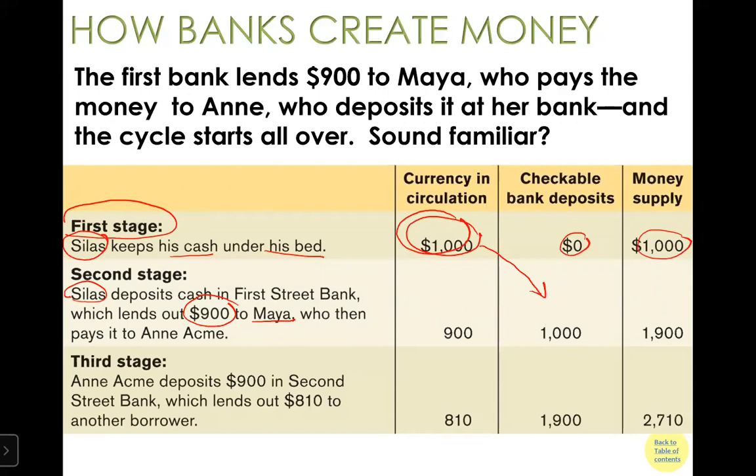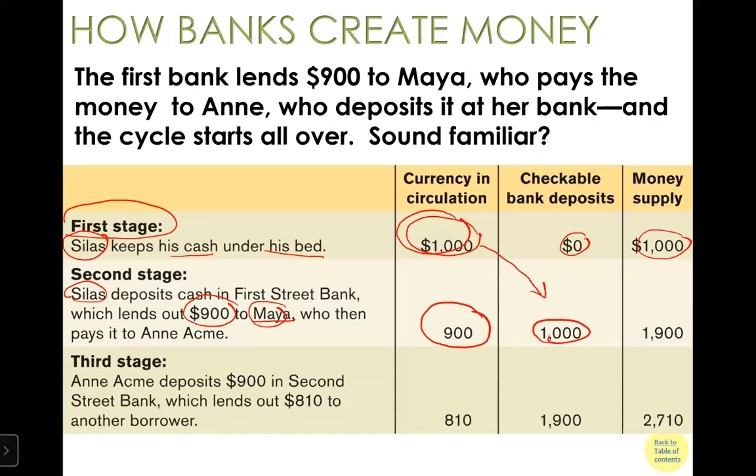Okay, not in circulation. So now Maya is going to withdraw the cash in this case, right, to do some transaction. Now let's stop here, and that just means there's $900 in circulation besides the 1,000 checkable bank deposit that belongs to Silas.